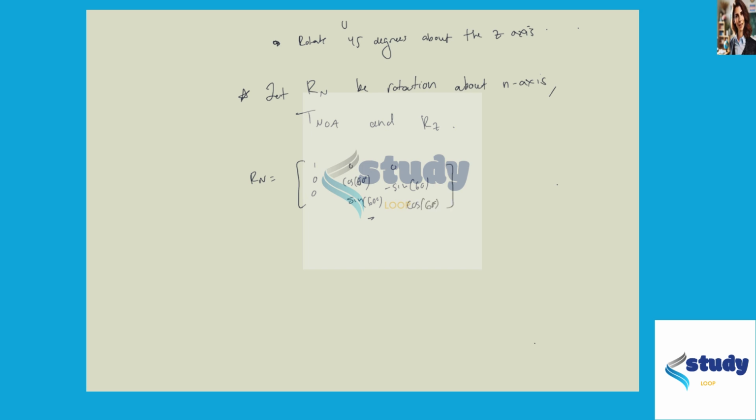So that is what we got. Now, what did we say? We said that T of NOA is going to be 1, 0, 0, 0; 0, 1, 0, 0; 0, 0, 1, 0; 4, -3, 7, 1. I'm just supplementing the values, okay, guys?